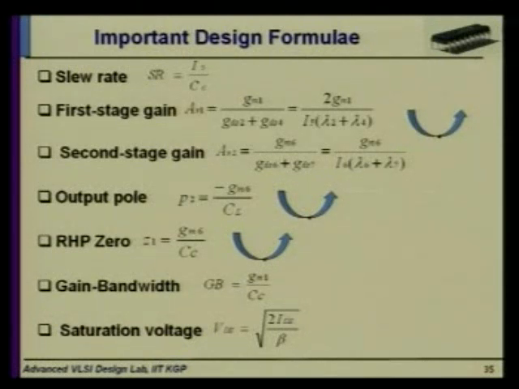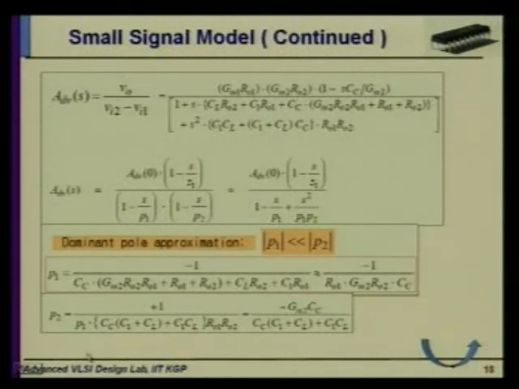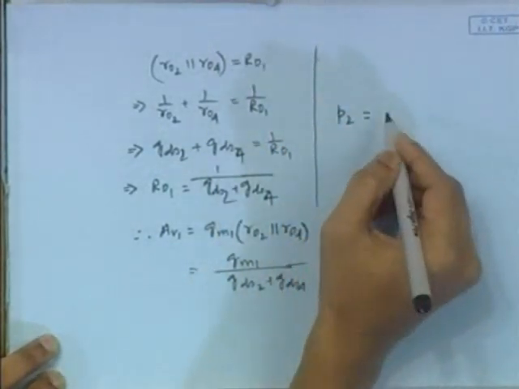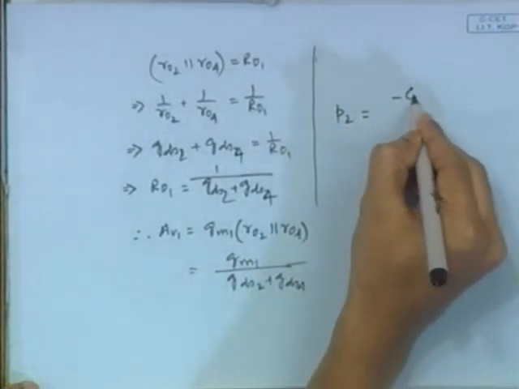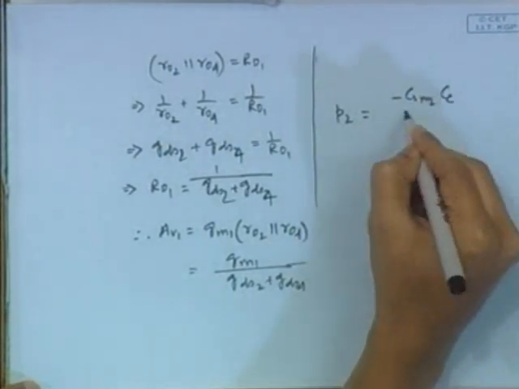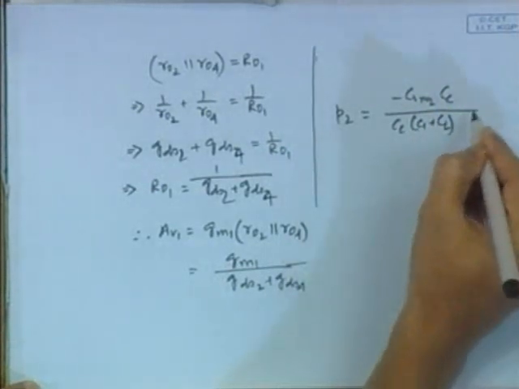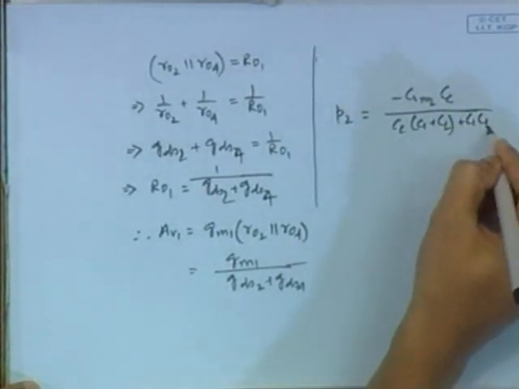That means P2. What was the formula? I am going back. P2 was something. P2 was minus GM2 CC divided by CC into C1 plus CL plus C1 CL.